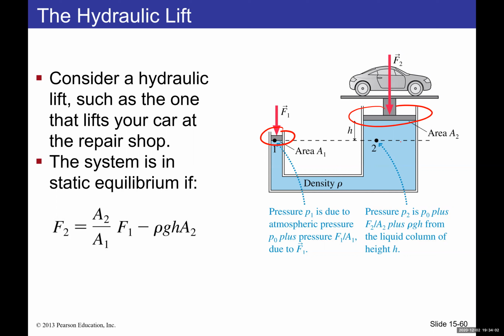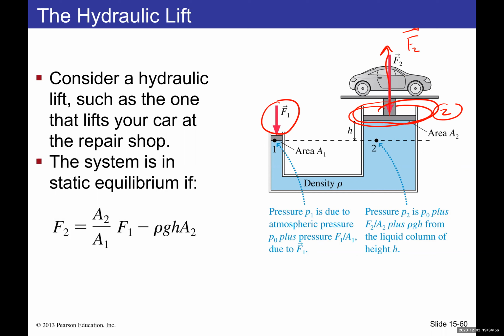At point one, there's a piston that we can use to apply a downward force F1, and this is your second piston. It allows you to exert an output force, which could be in the opposite direction, to lift the car.